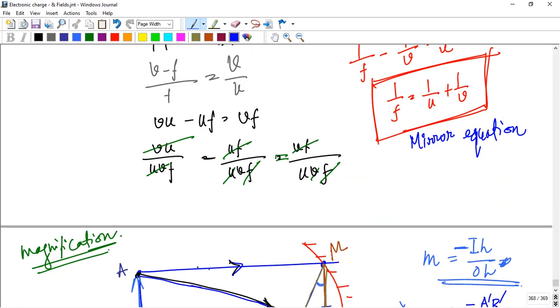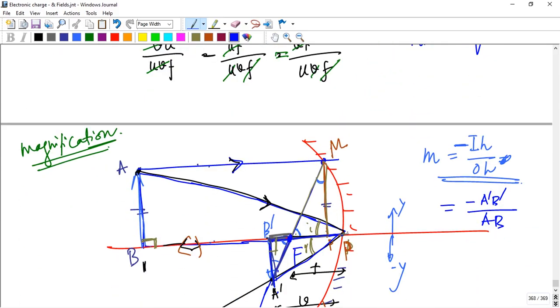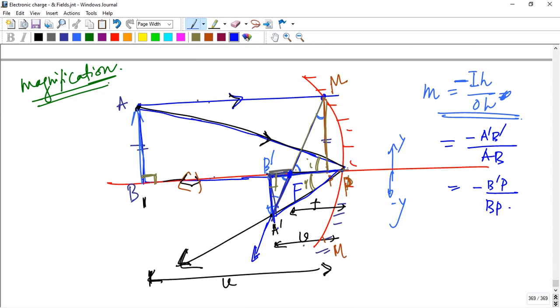Okay, B'P is v, and with the sign convention it is minus v, and BP is u, minus u.